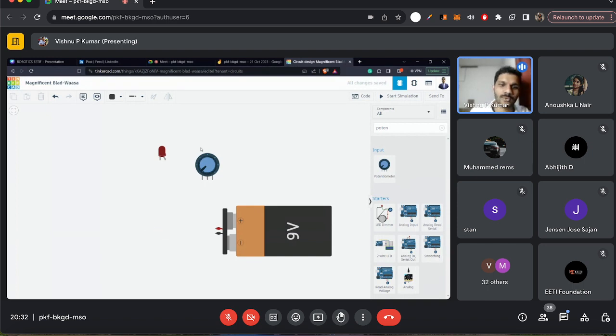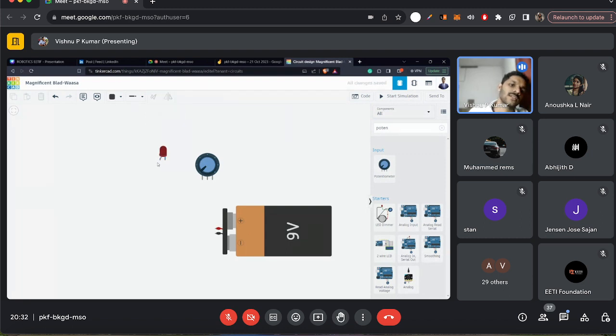Sorry. Yeah. So if you want to flip something, suppose you have to swap the pins of the LED. First you're having the cathode, then you're having the anode. If you want to mirror this, just click on the component and click on this button, mirror component.